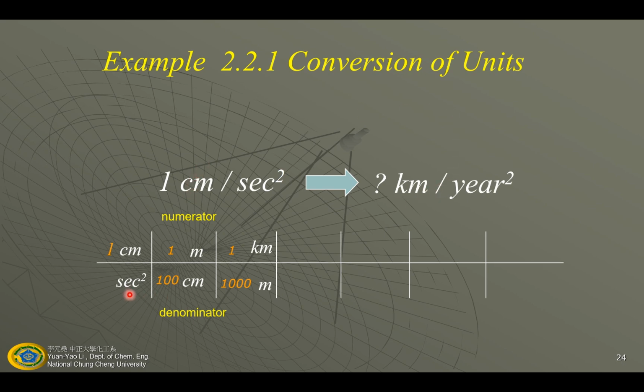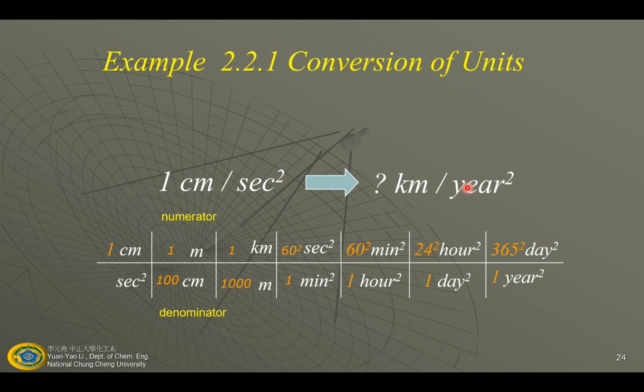And now let's go to the second. So 1 minute equals 60 seconds, power 2, right? You understand this. And so you omit the second and now you have minutes. You have to omit minutes to become hours, omit hours to become days, and omit days to become years.